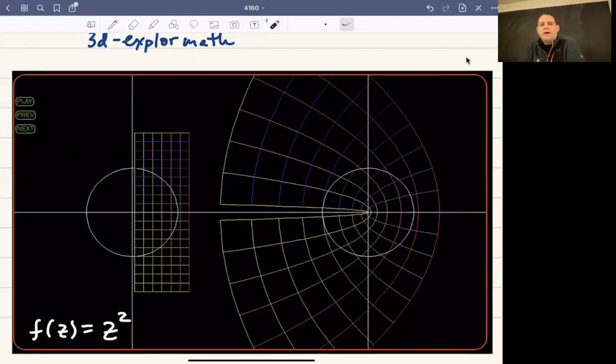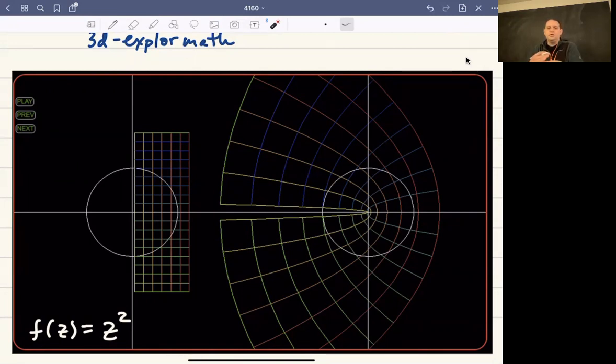Now, conformal maps, that's a topic that we'll talk about in some detail soon. But the key feature in a conformal map is that if you have two paths that intersect at a certain angle, and then you apply a conformal map to those paths, then their outputs also intersect at that same angle.